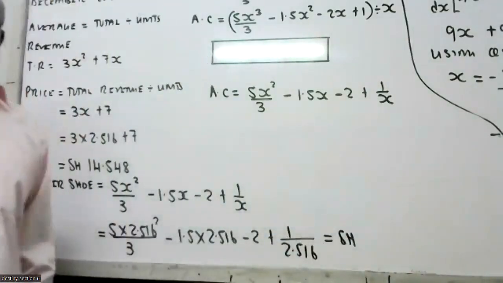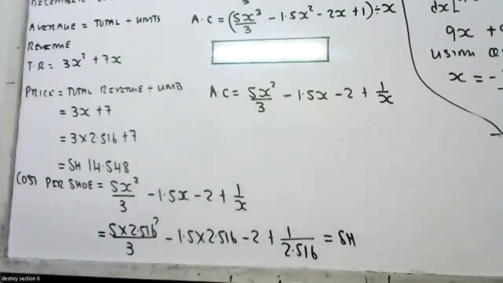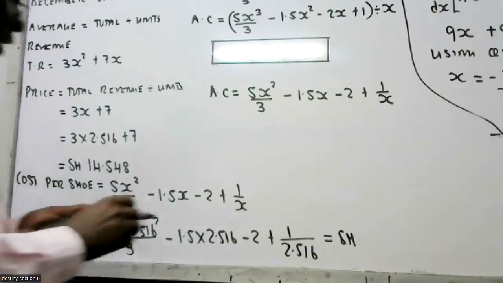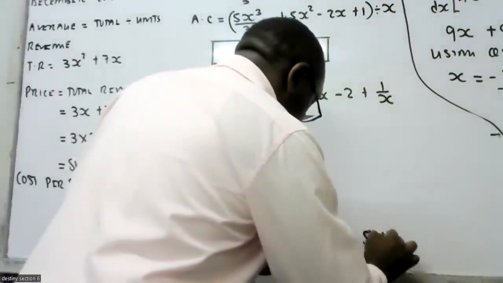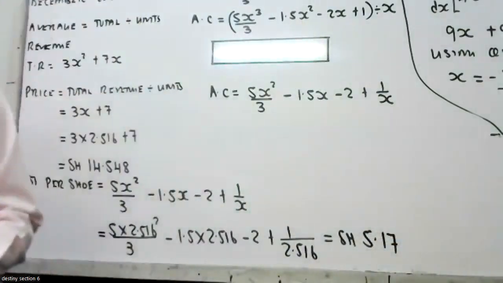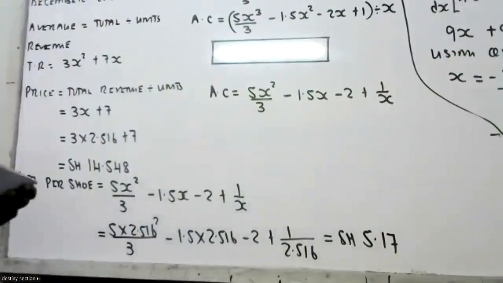And you tell us one shoe is going to cost how much? According to my workings, I'm getting 5.17.